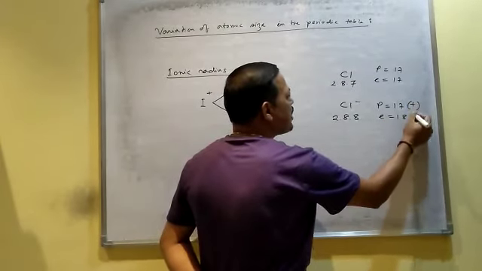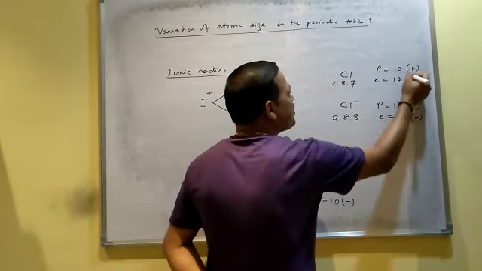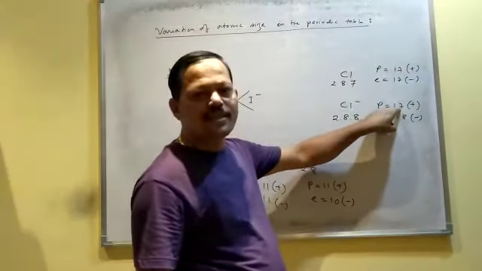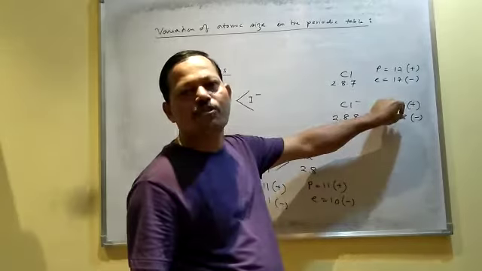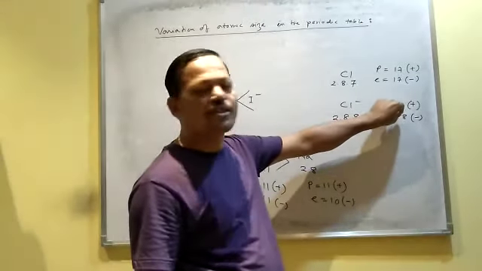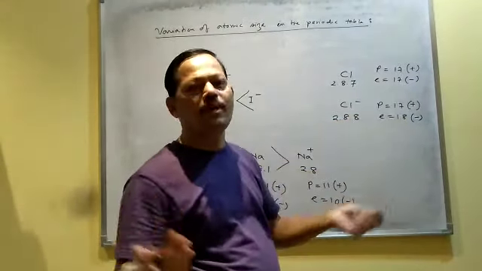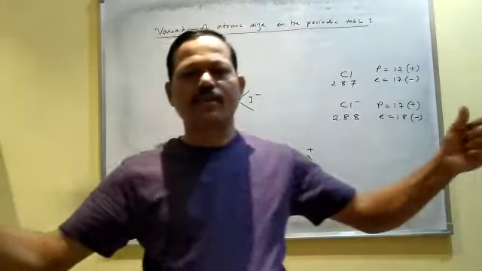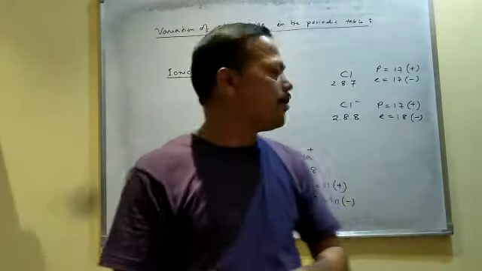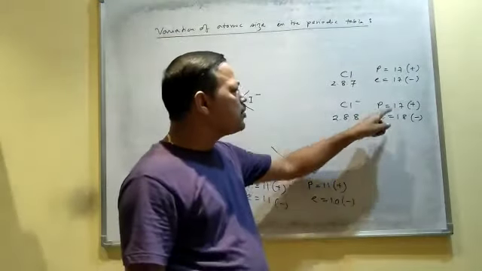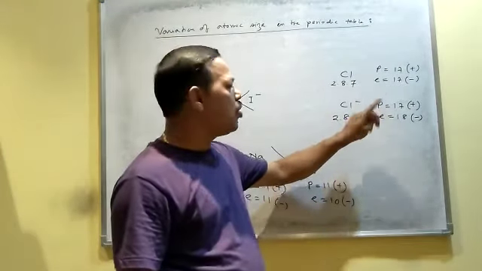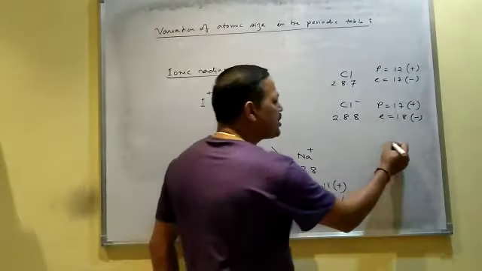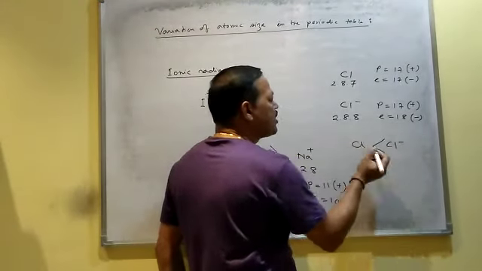So 17 plus 18 minus, 17 plus 17 minus. Since the force of attraction is less here, the size will be larger. Actually, due to force of attraction, the size may be smaller. So here, due to less force of attraction, Cl minus is larger in size, and that is why Cl minus is always greater than Cl.